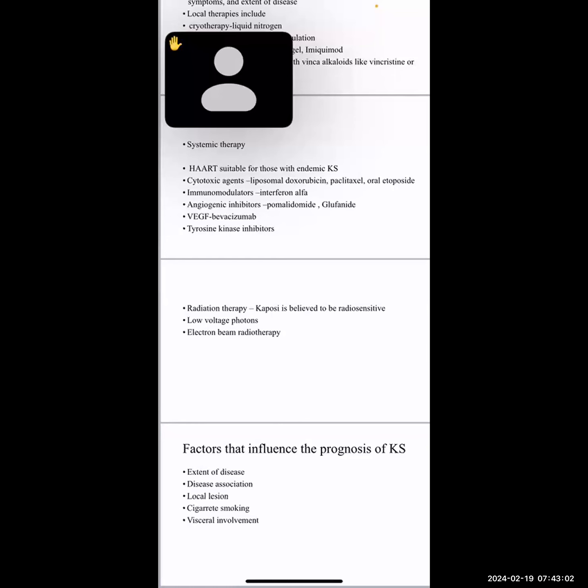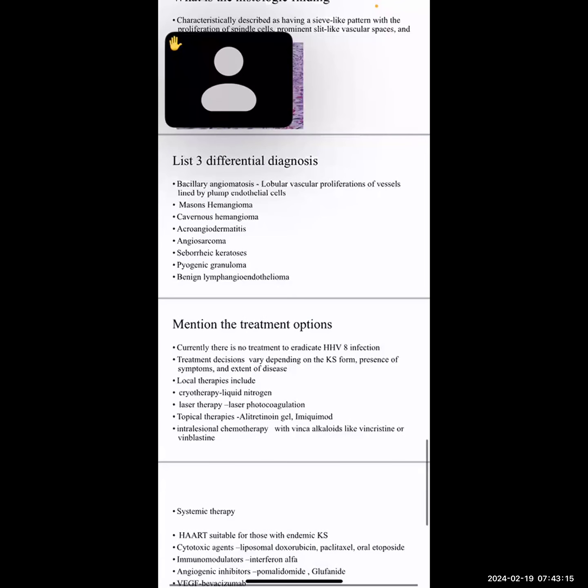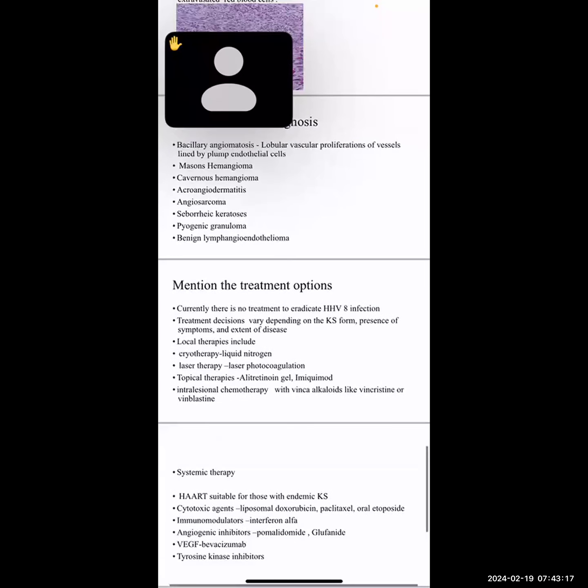I just want to make a few contributions for the histologic features. Just like you mentioned, outside the spindle cells and the red blood cell extravasation, we have what is called the promontory sign. It's also very important. You see the vessels grow into each other.